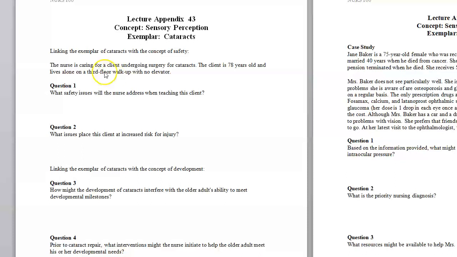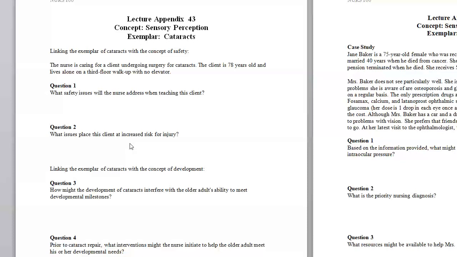Question 3 is how might the development of cataracts interfere with the older adult's ability to meet developmental milestones? We don't know too much about her cognitive ability, and her other comorbidities that she may have at 78 years of age.